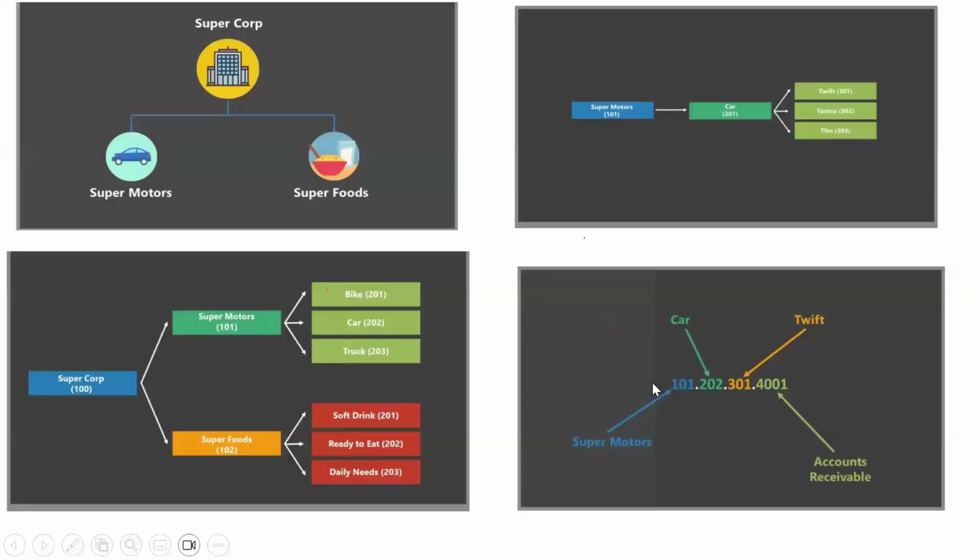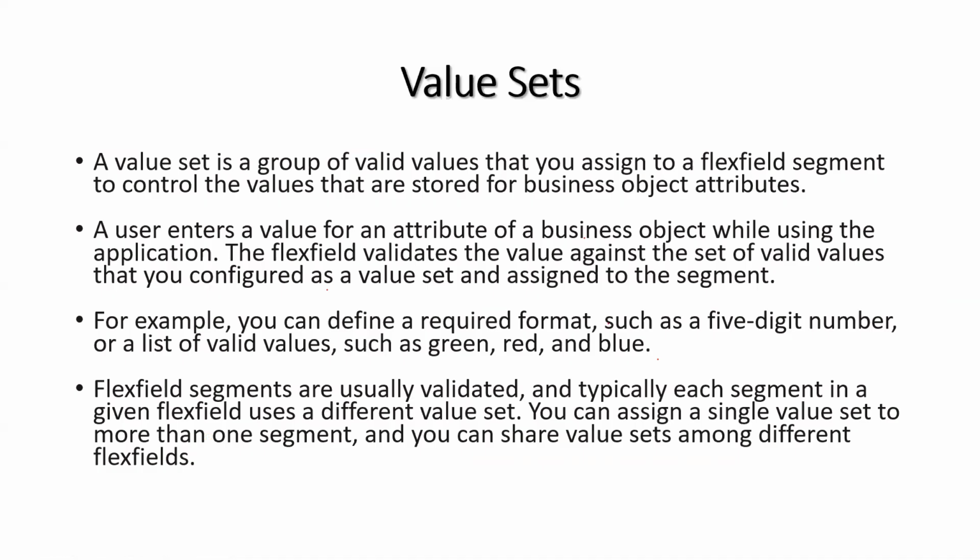Whatever values we configure, 101, 202, you can configure multiple values under the company level. Let's say this is company, department, another line of business, under account. Under each level you can create multiple values. So how can we create multiple values?